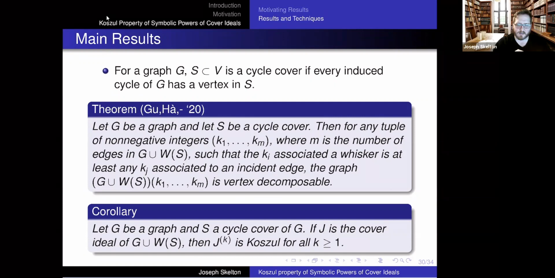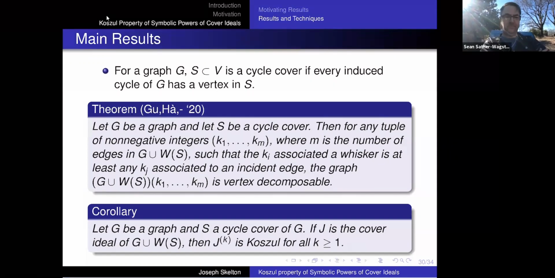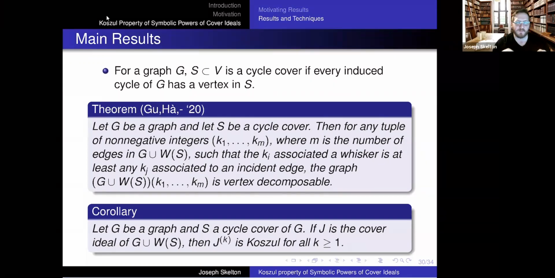I would need to look back, but I'm always hesitant to say you can just let characteristic be whatever. But it's possible, for Koszul at least, it might be possible. Okay.